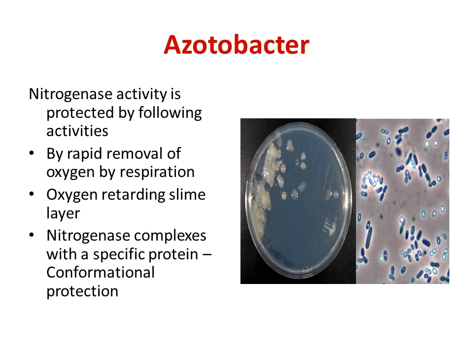So in the case of Azotobacter, the nitrogenase enzyme activity is protected in the following ways: by rapid removal of oxygen by respiration, by producing a slime layer around each cell so that the penetration of oxygen is minimized, and the nitrogenase complexes with a specific protein.